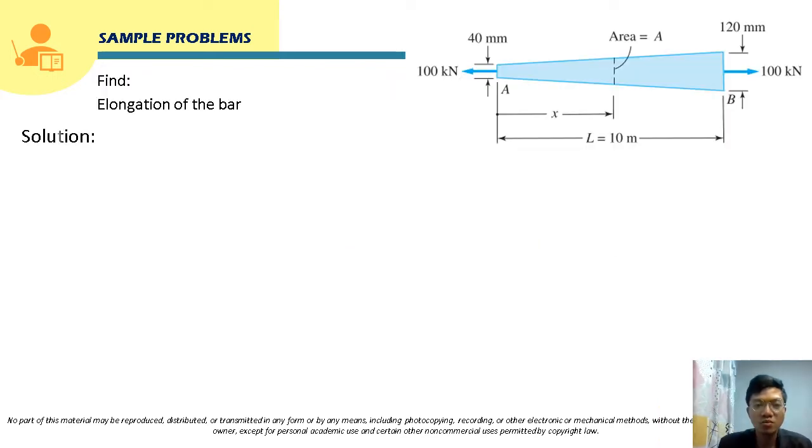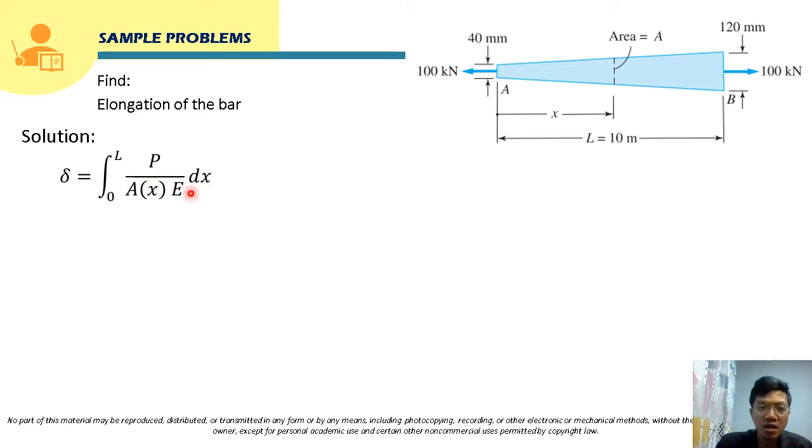To solve this, we are going to use integration. The formula for the elongation or deformation is equal to the integral of P dx over A of x, E, from 0 to L, which is just PL over AE also. From here, we have to generate an equation for the area expressed in x.